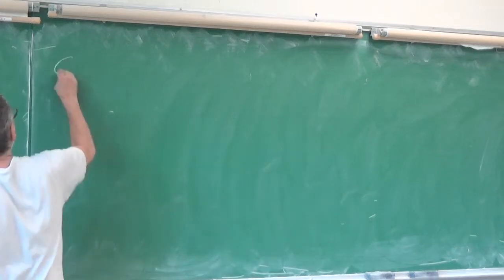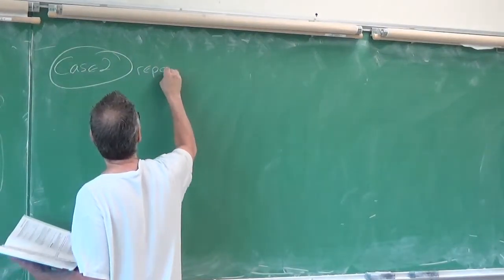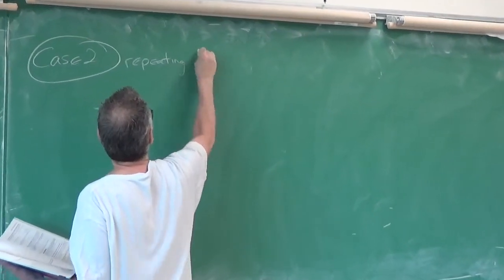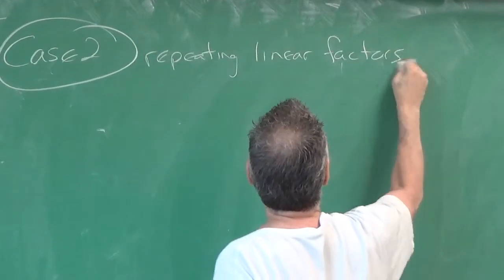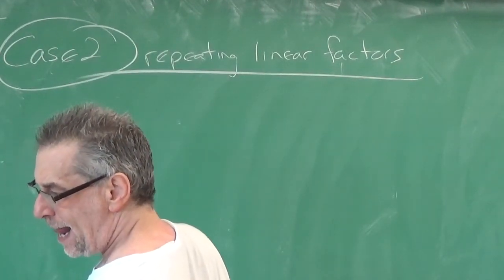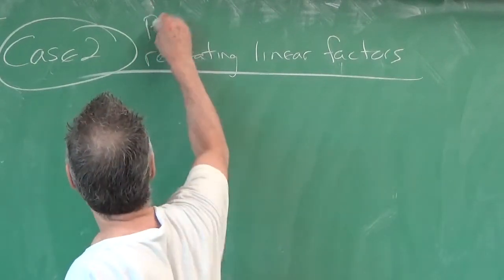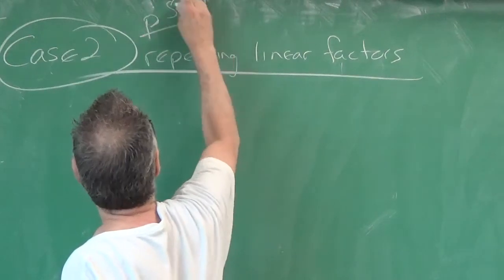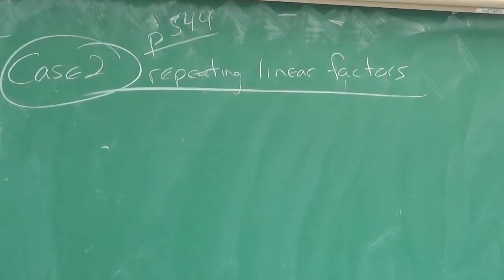So second case, repeating linear factors. And again, that is nicely explained. Repeating linear, page 544. Okay, so let's look at an example of that.